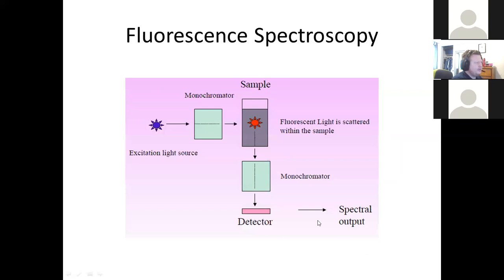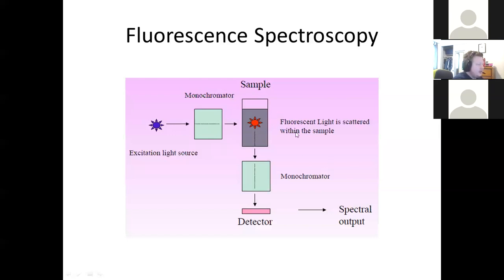Similarly, for the second part, there's a fluorescence spectroscopy portion of this experiment. Very, very similar setup. A little bit more simplified block diagram here than the specifics of the mirrors and everything like that. But you have a light source again. You have a monochromator that comes in and puts out just one wavelength, right? It goes into your sample, right?